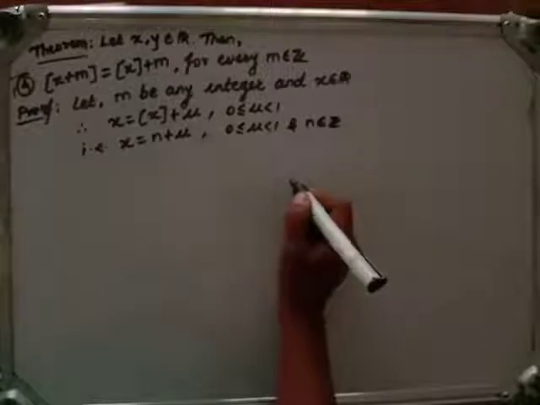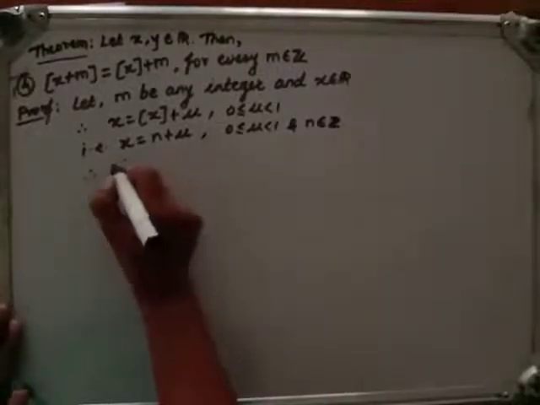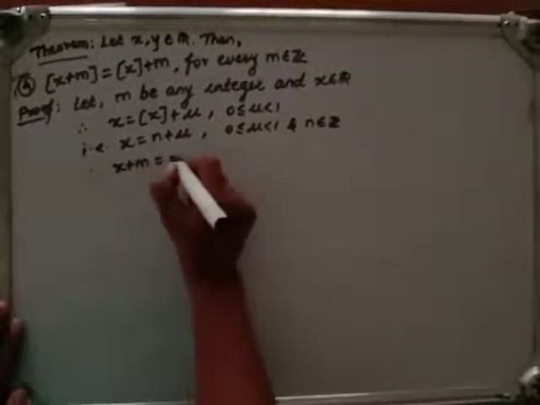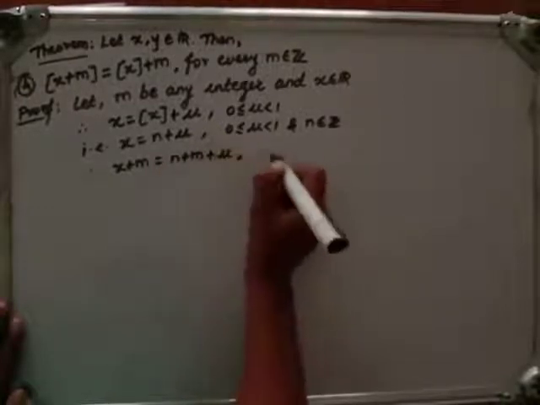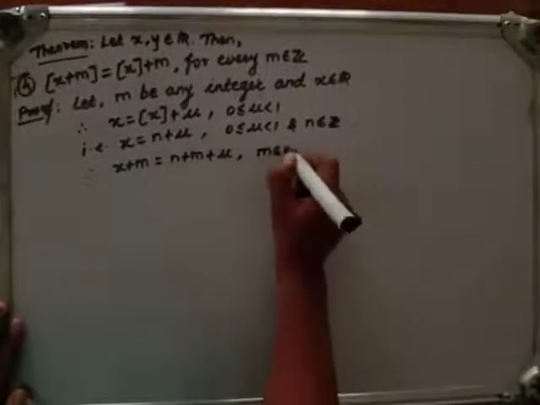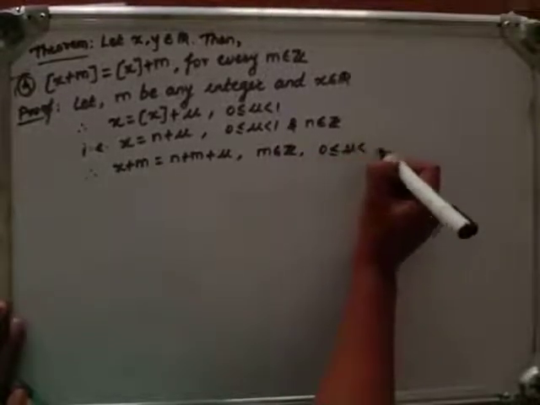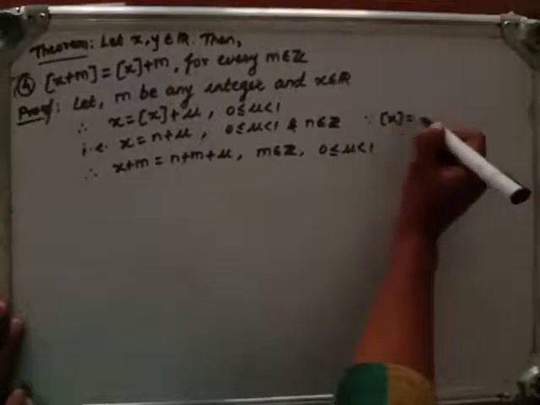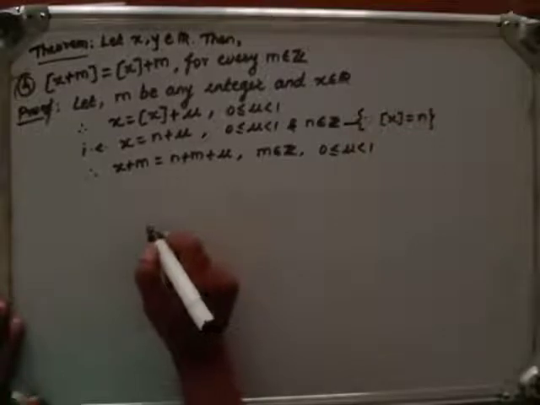Fine. Therefore, if we add m on both sides, I get x plus m equals n plus m plus mu, where m is any integer and 0 is less than or equal to mu, which is less than 1. Here the greatest integer function of x is n. This is also needed.